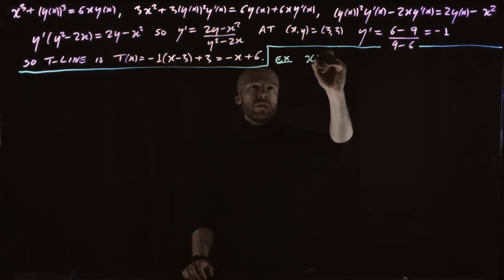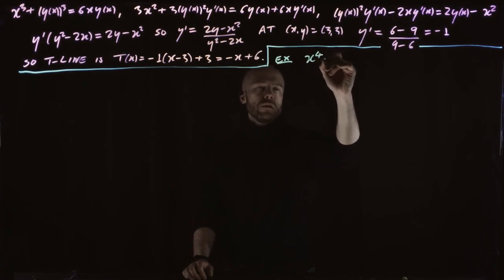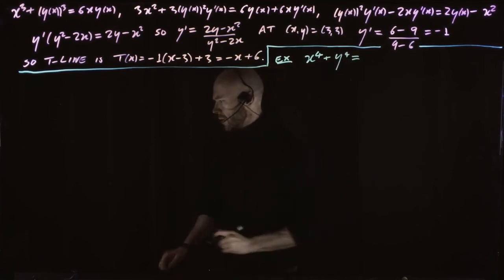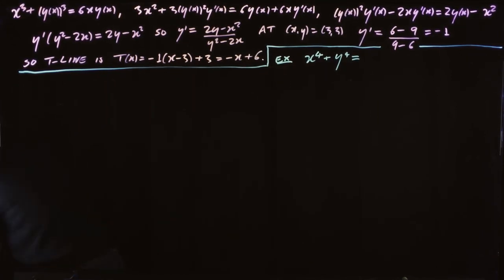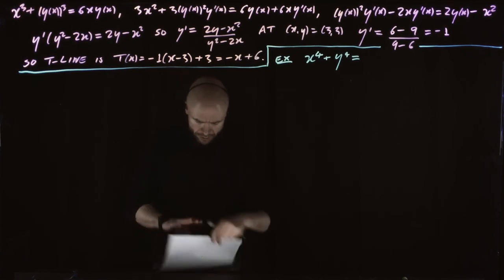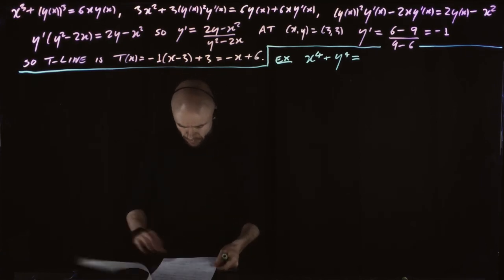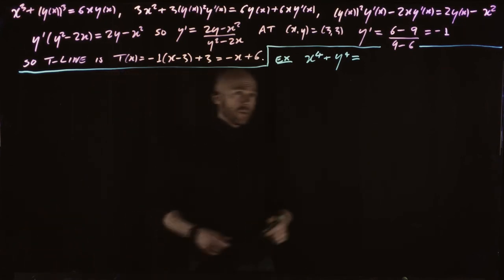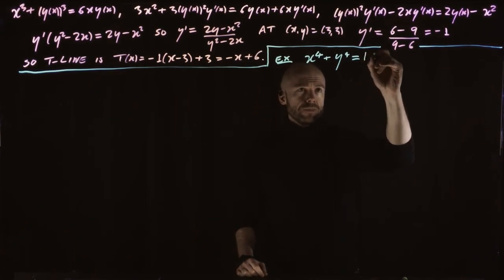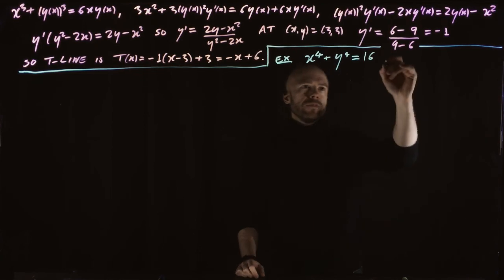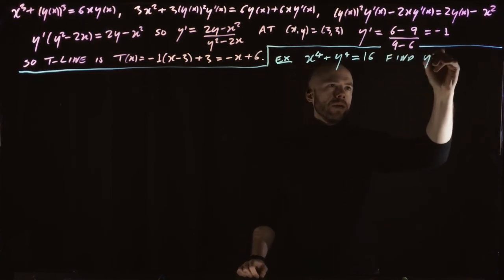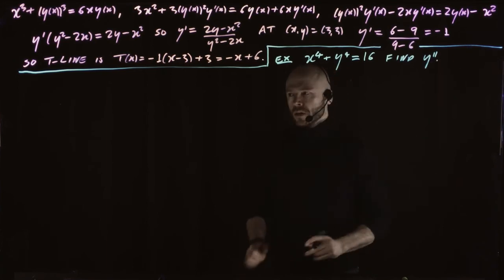So we're going to have x to the 4 plus y to the 4 equals, I think it's 16. Doesn't really matter, but let's check. Yep. Equals 16. Okay. Find y double prime. All right. Solution.